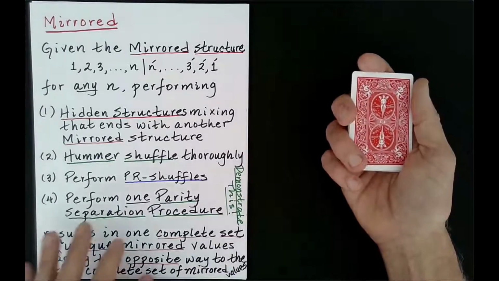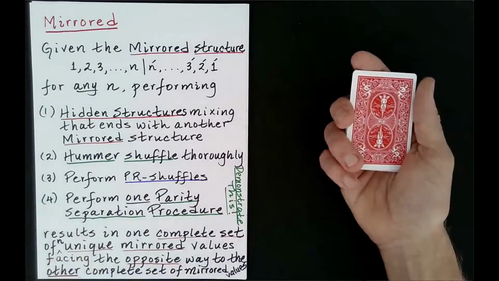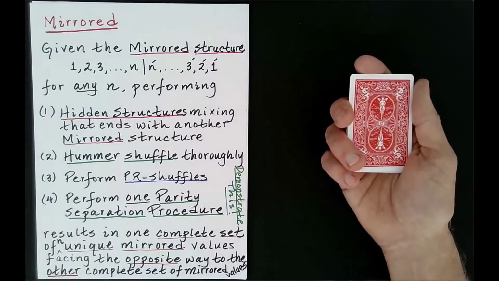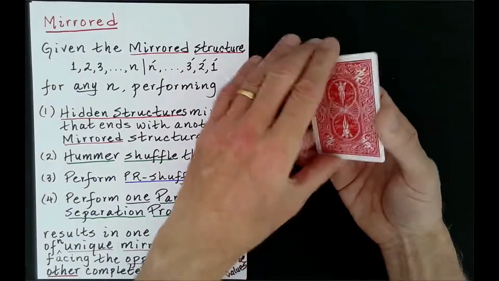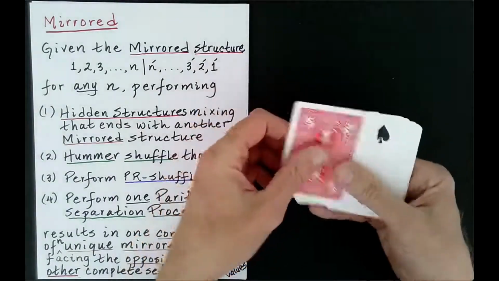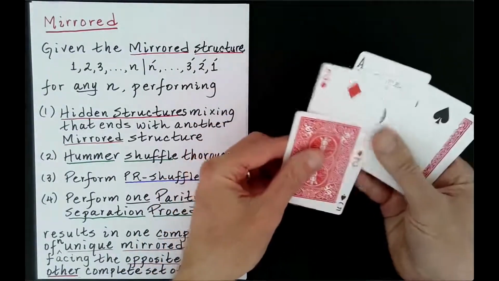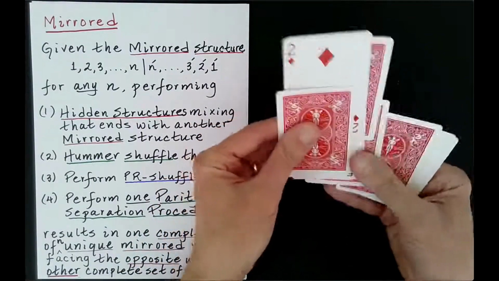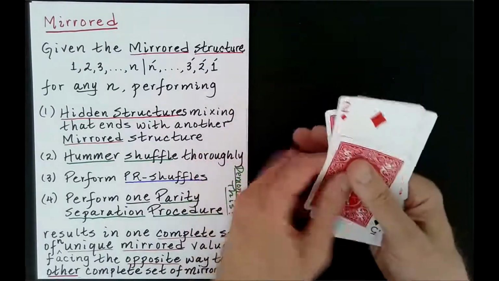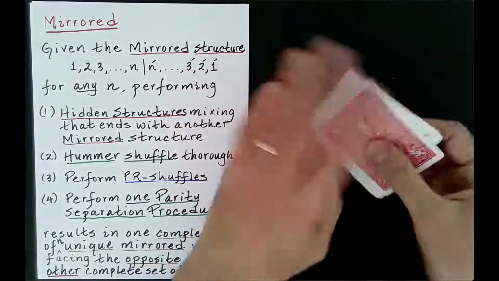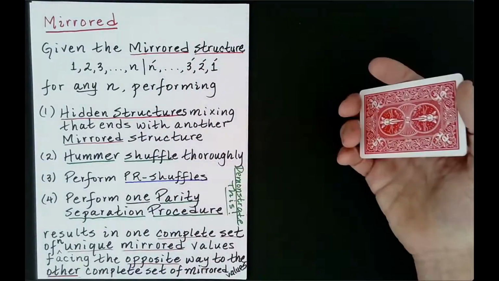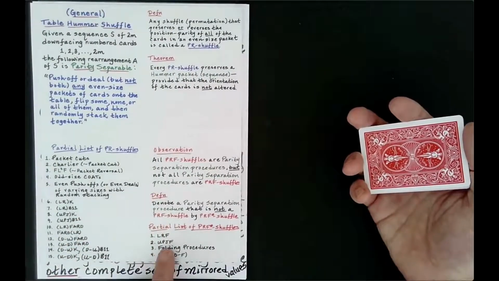Okay, so we've done that, and then we can do one parity separation procedure. Why don't we do the up jog? But this time we won't follow it with any other, we don't need to. So if we randomly stack and flip, that on our list is actually one of our parity separation procedures, right there.